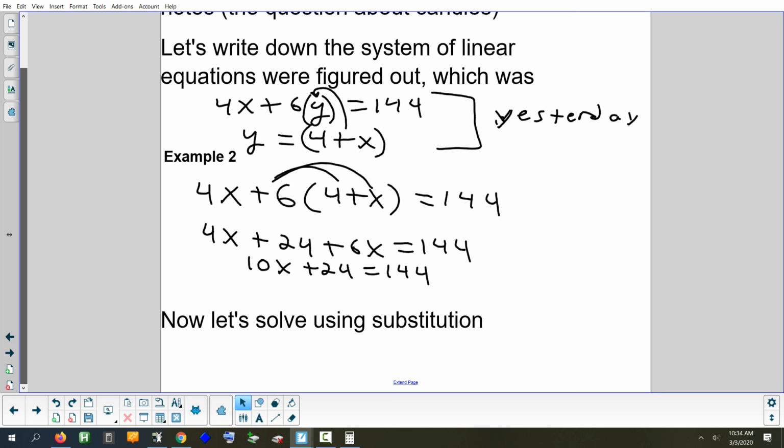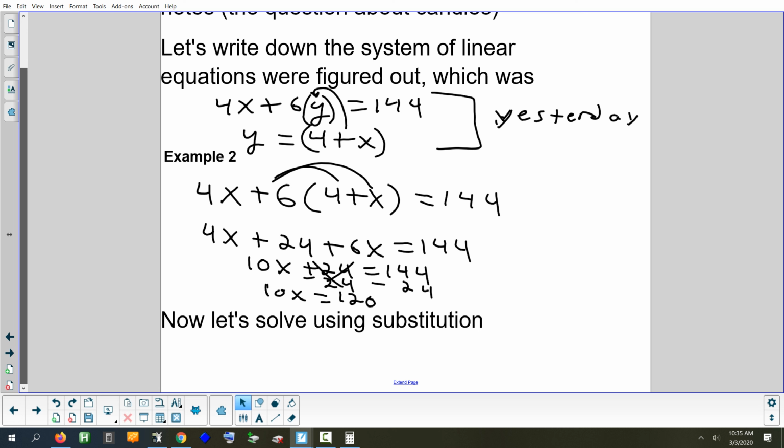And 2 steps to get x now. Yep, minus 24. I actually think the number is going to come out to a nice number here. So we've got 10x equals, what's 144 minus 24? How much? 120. Yep.